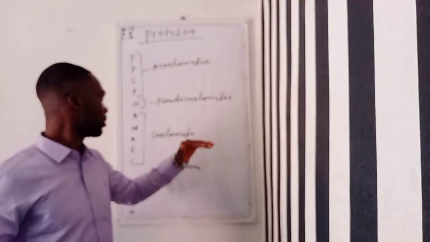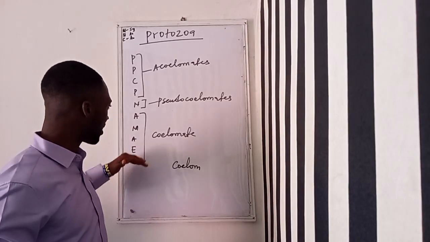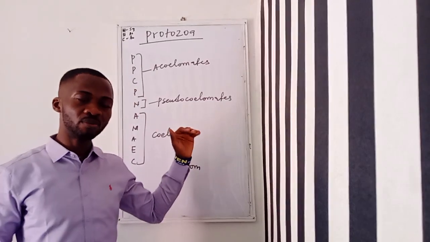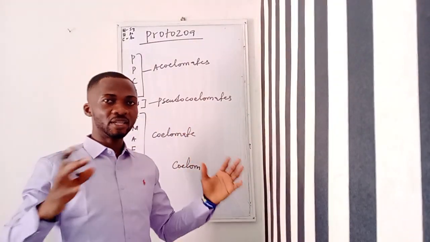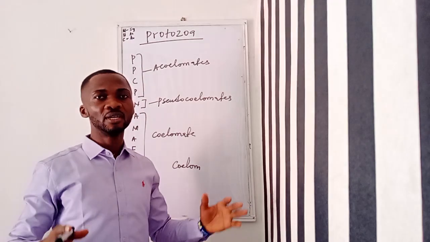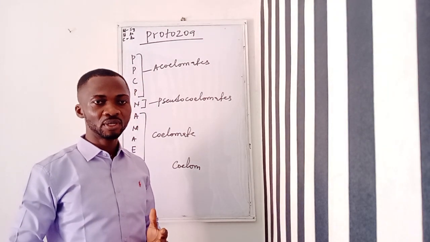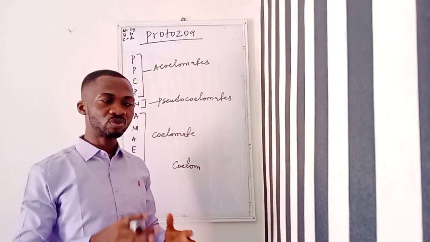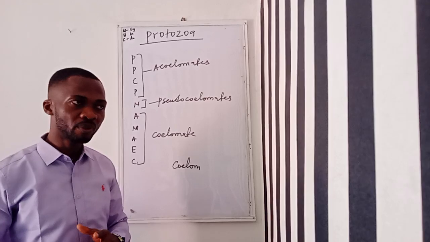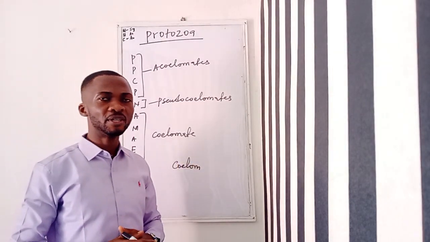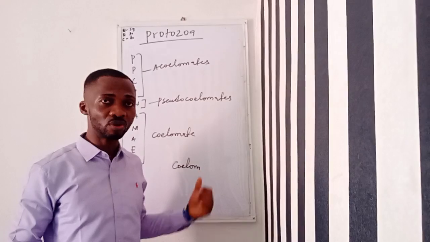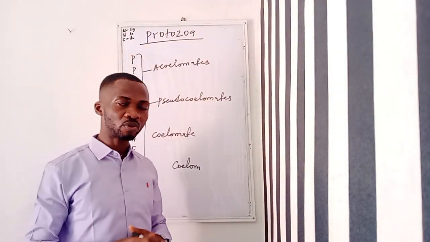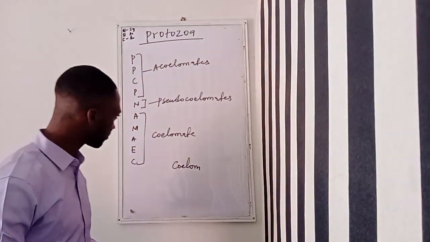And of course, for most of these animals, or this phyla that contains animals that are a bit more complex than the non-coelomates, they are supposed to have this coelom, this body cavity that helps to protect their organ, and of course to also cushion the effect of friction. And for some of them, the body cavity or the coelom serves as a kind of skeleton that also aids their movement. That's what people call hydrostatic skeleton.